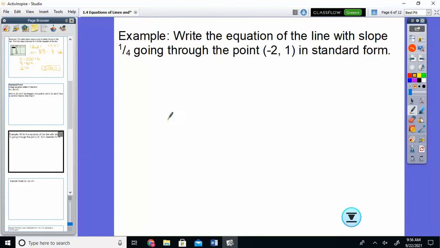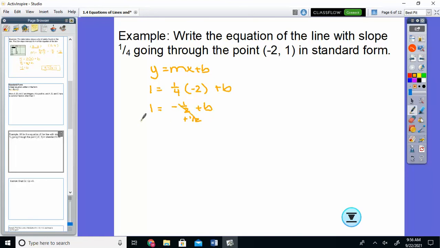Let's say the slope is 1/4, and it goes through the point -2, 1. So start out, we have a point and a slope, so I can just go straight to my y equals mx plus b. The y is 1, m is 1/4, x is -2. 1/4 times -2 would be -1/2.